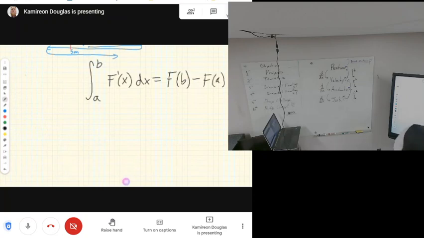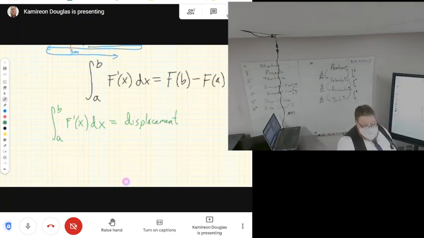What we're going to do now is analyze these in terms of the two functions, displacement and distance. So, the standard integral from a to b of f prime of x dx will tell you displacement. The standard integral assumes, in terms of the physics, it's going to give you displacement.